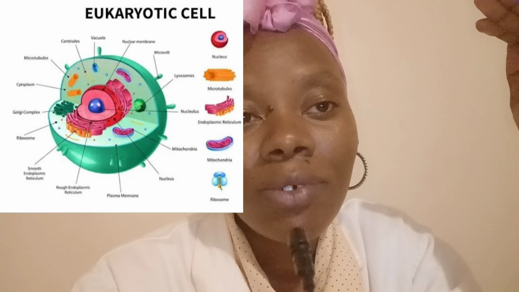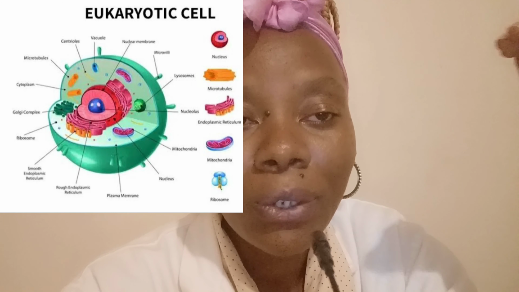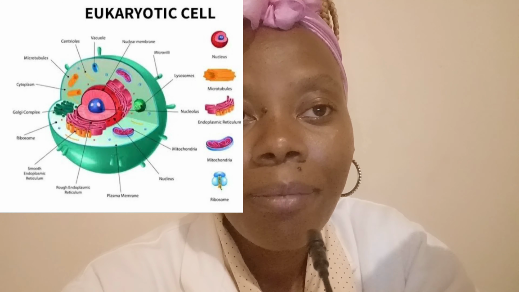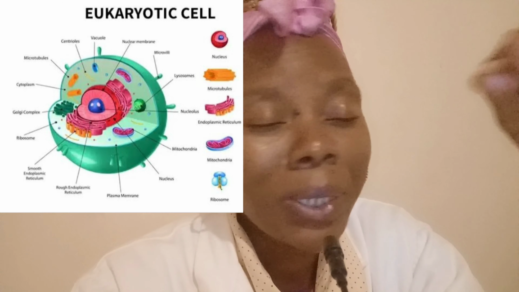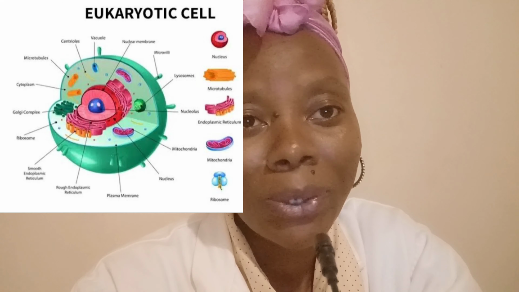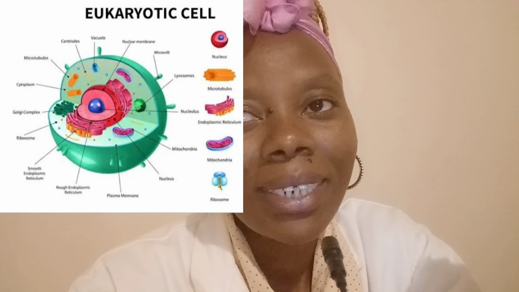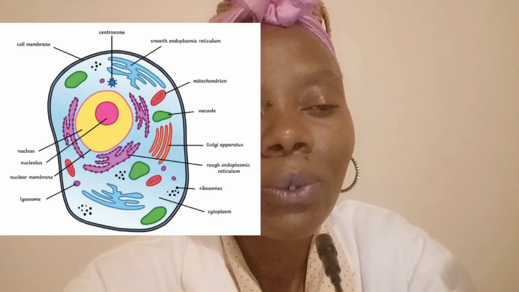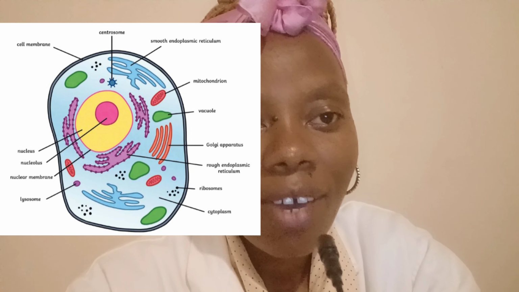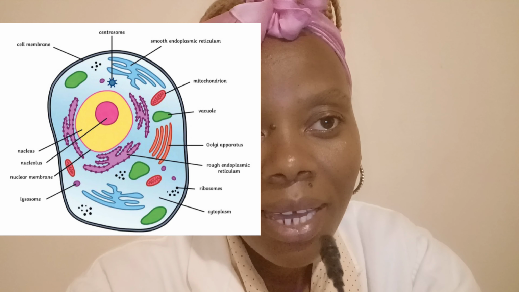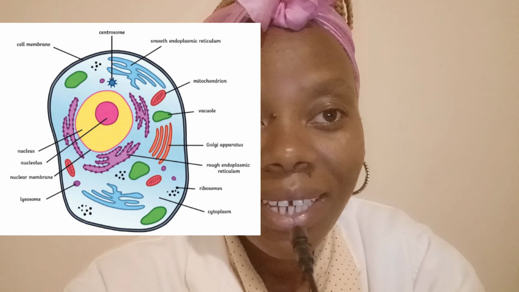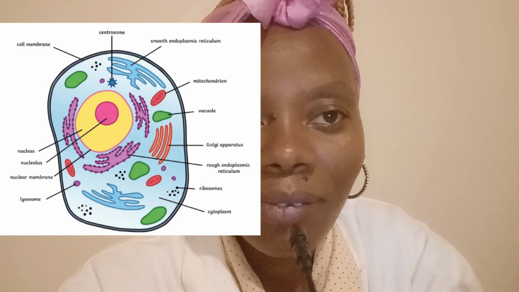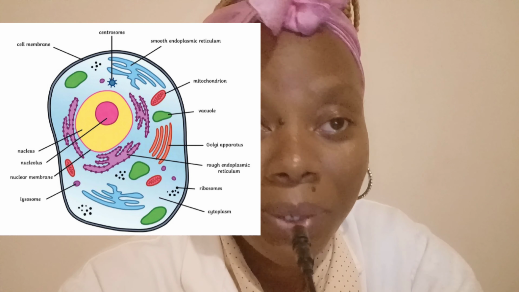But I'm not going to give you the functions of those organelles, because I'm going to come up with a video after this to ensure that this one is not too long. I don't want to bore you, so in the next one we're just going to list the functions of those organelles. By now I know you are familiar with the cell and you understand what a cell is. So when we go to the organelles of a cell, I know you're going to understand what we are talking about.